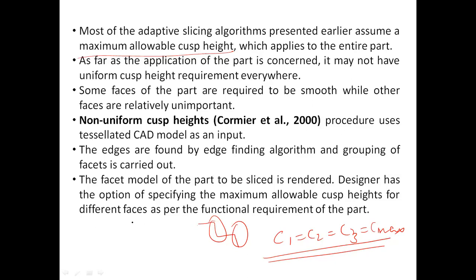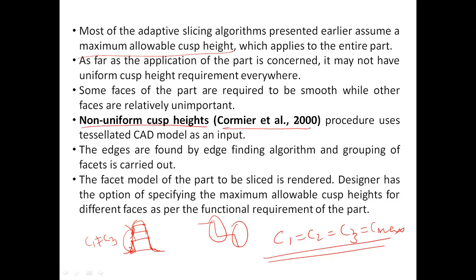But if you have a part like this, and you start creating slices, what you would obtain is a different set of triangles. When you get a different set of triangles as compared to here, if you compare these two triangles, you would find C1 is not equal to C3. So a concept of non-uniform cusp height was brought by Cormier in 2000.